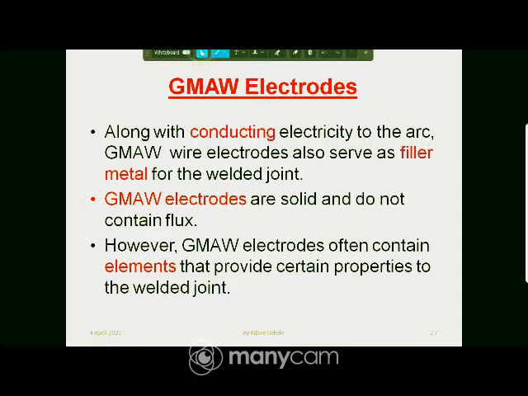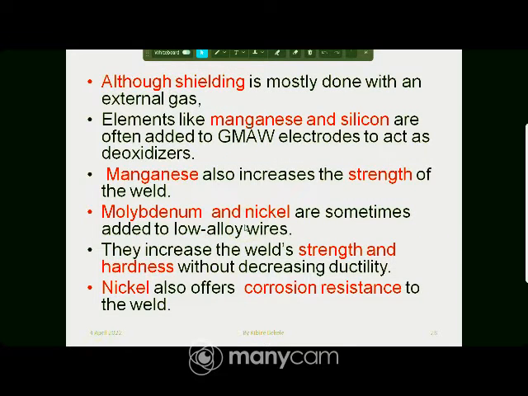Because of this, and also to compensate some properties, some elements are added to the electrode. Shielding is mostly done with external gas. As we know, shielding is performed by external gases, maybe inert gas or active gas.